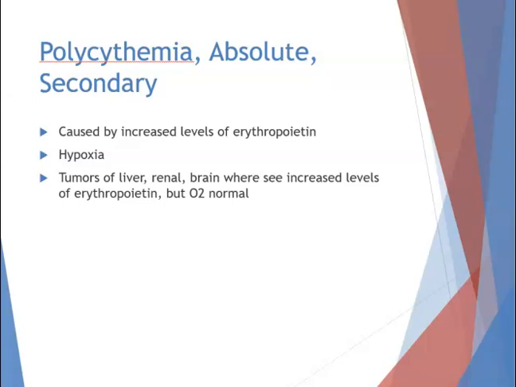So it can be caused by an increased level of erythropoietin. It can be caused by a condition of hypoxia, which is decreased oxygen. Secondary can also happen when there's normal O2 levels, but there's an increase in erythropoietin because of things like tumors in the liver, renal system, or the brain.